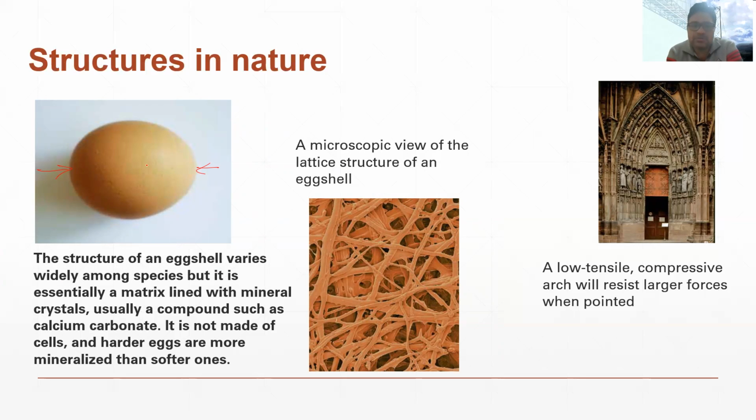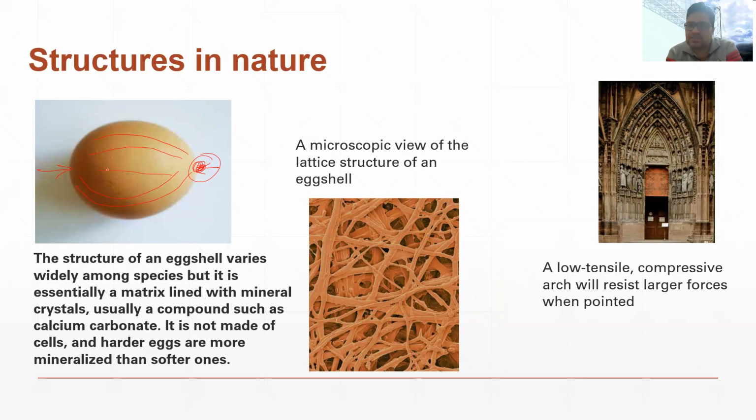Why? Because the structure of this egg is such that the cells of the eggshell are in this direction, and that is why it is strong in this direction. Why is it strong in this? Because when an average laying hen sits on the top, the structure is such that it can resist the weight of the hen.